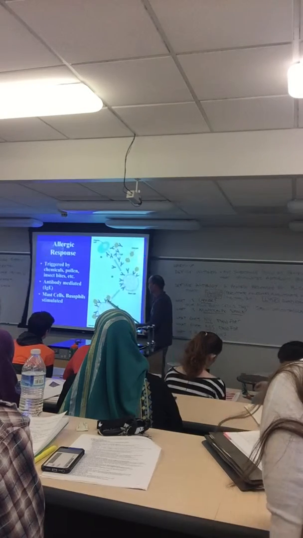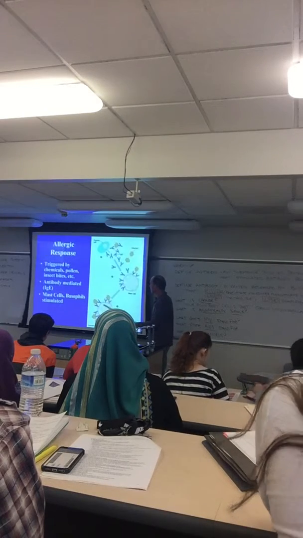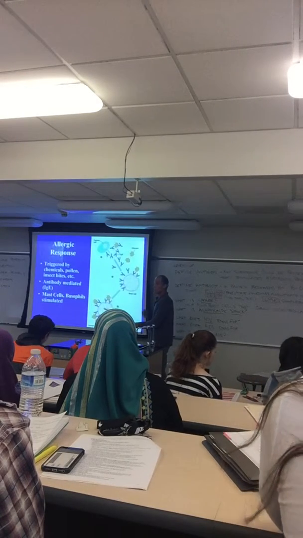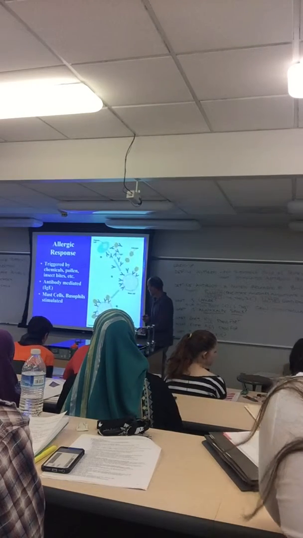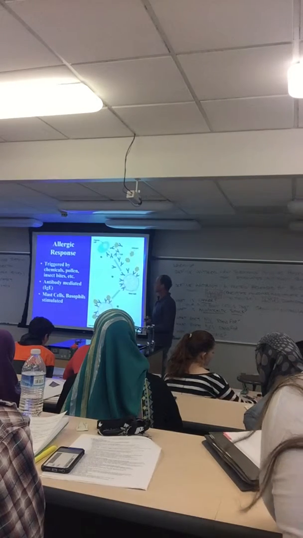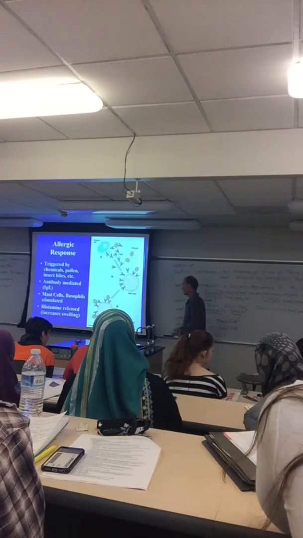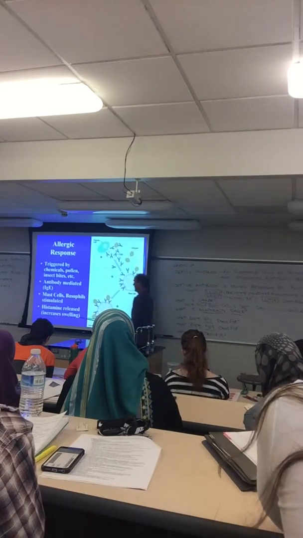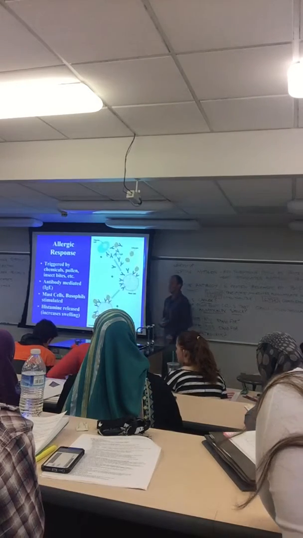And so if the pollen fits on the little receptors on the basophil, it will release its granules, which are the dark blue staining things you saw in the lab practical yesterday. Those are histamine. Histamine is a chemical that causes the swelling, runny eyes, runny nose, coughing, and all kinds of swelling. It will cause your throat to swell up, cause asthma.